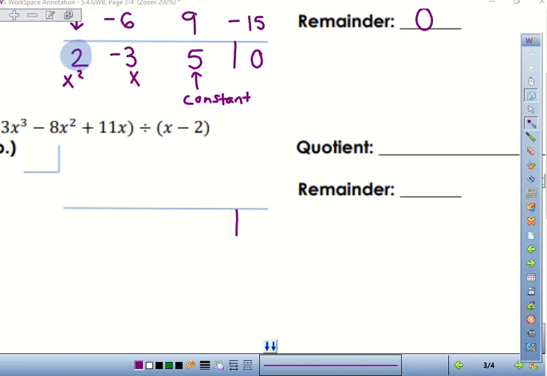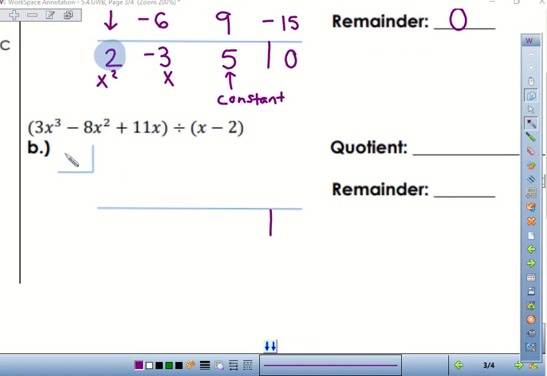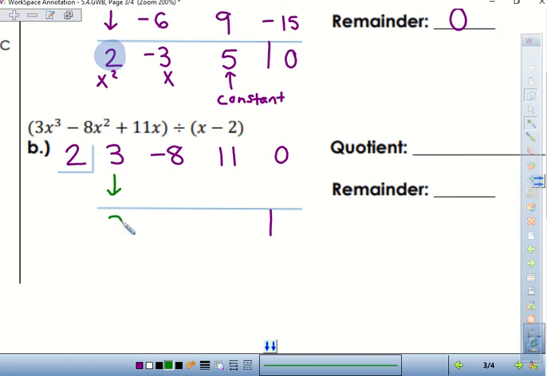Okay. Next one. What's going to go on the outside? Positive 2. Here's going to be a, then a, and then what? 0, because we need a placeholder for the constant. Okay? So now you're going to bring down the 3.